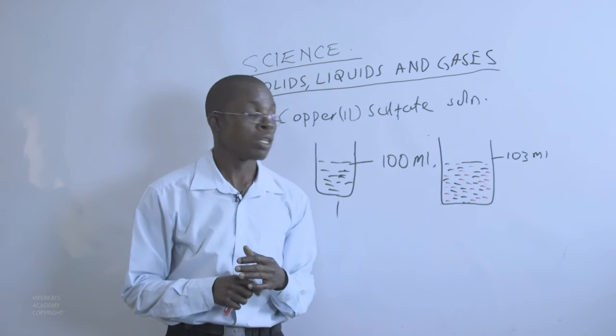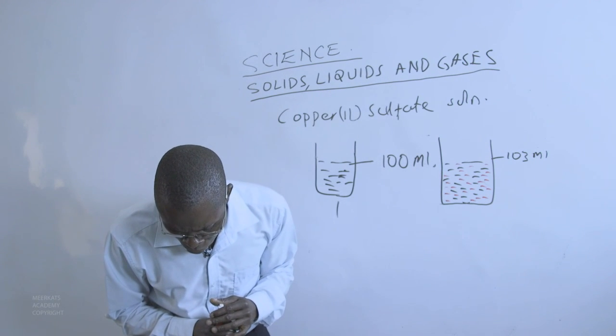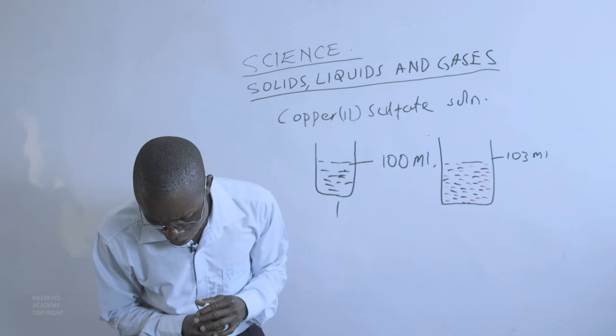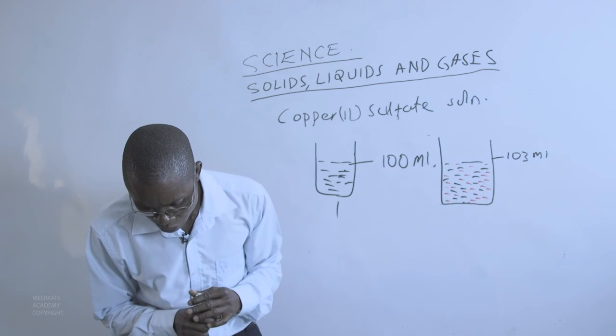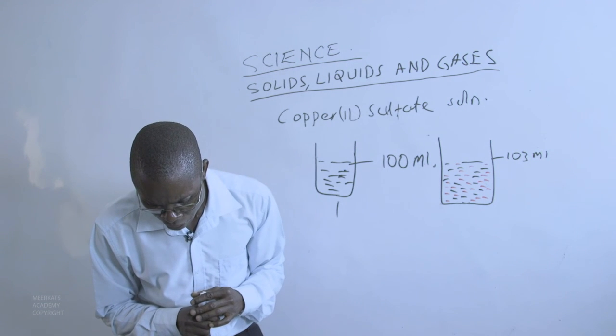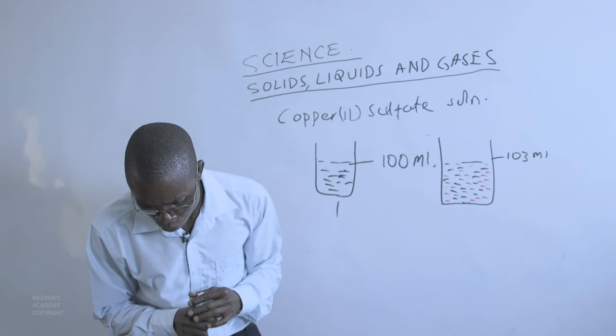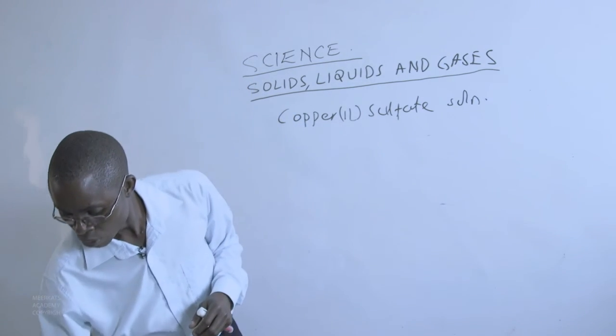The last condition is if a saturated solution is filtered and then the filtrate heated to evaporate some water, solute crystals form on the bottom of the container. So these are cases where you have a solution.